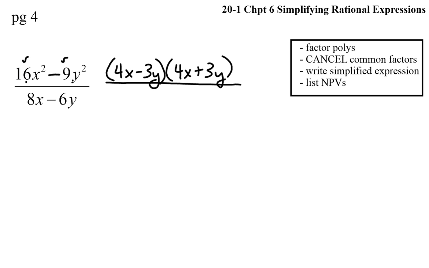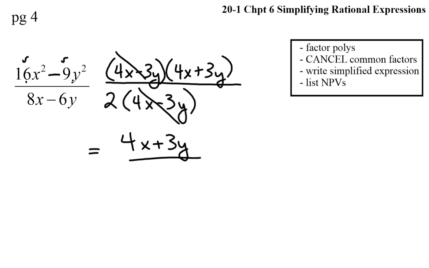Down in our denominator, all we have is a greatest common factor of 2, which leaves us with 2 times 4x minus 3y. Is there anything common at this point for factors? There is. 4x minus 3y. So we end up with a simplified form of 4x plus 3y over 2.